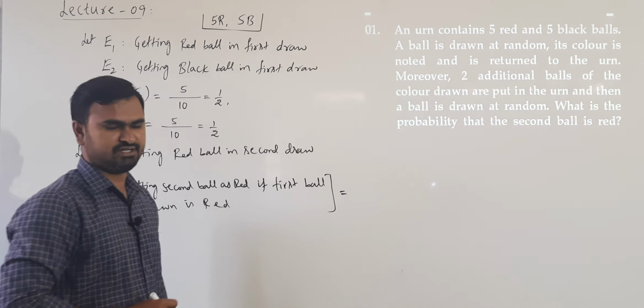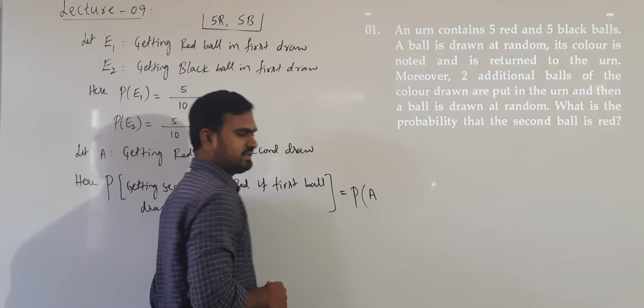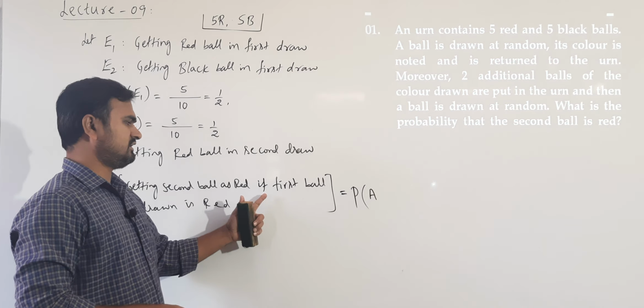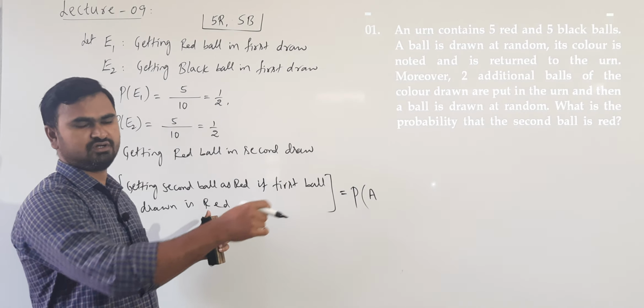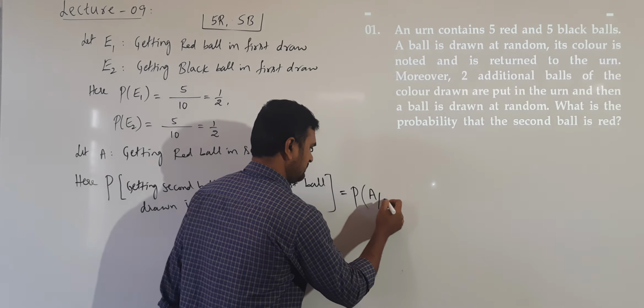What is the notation I can write here? Probability of getting a red ball in the second draw if the first ball drawn is red. If we already know that the first ball drawn is red, it is P of A given E1.